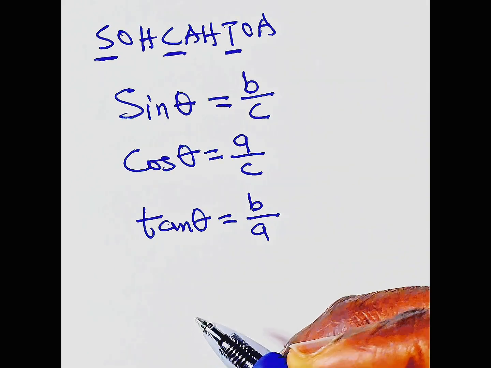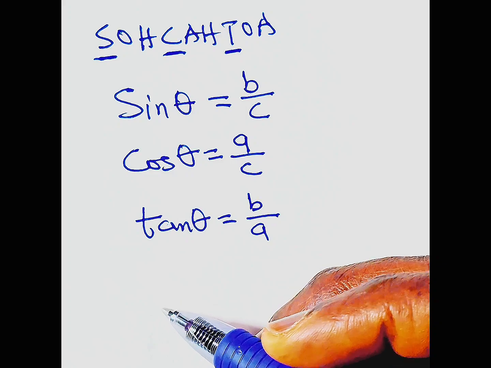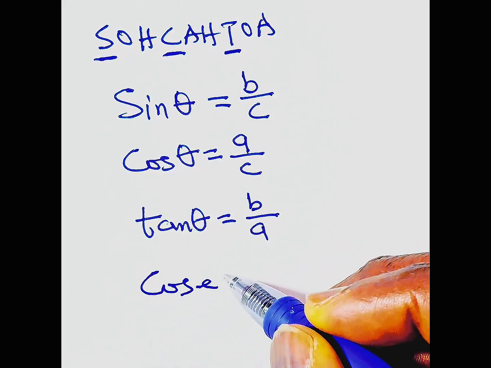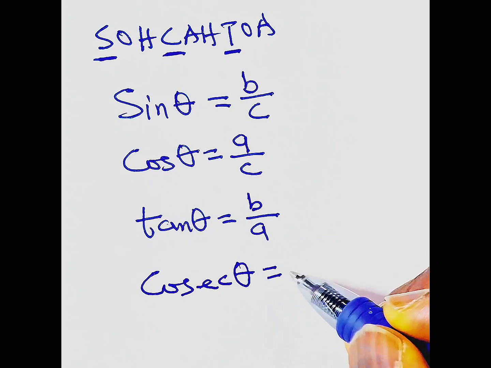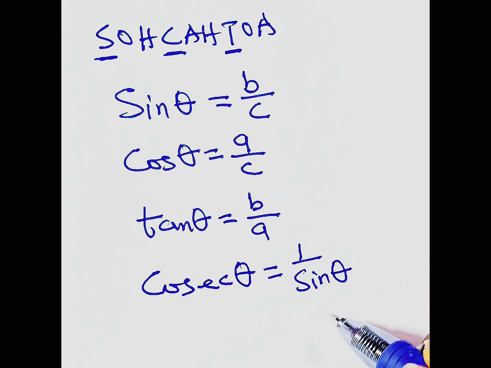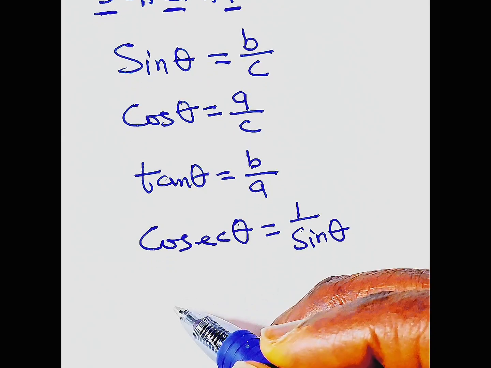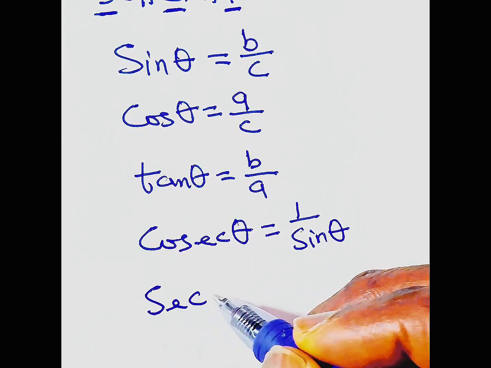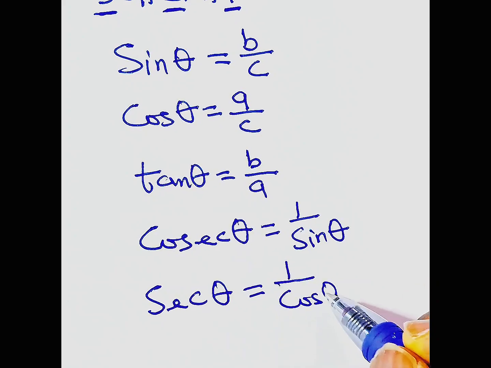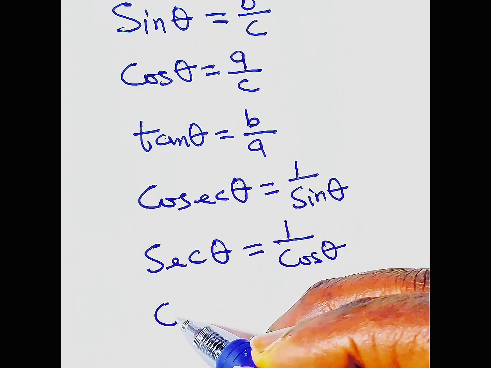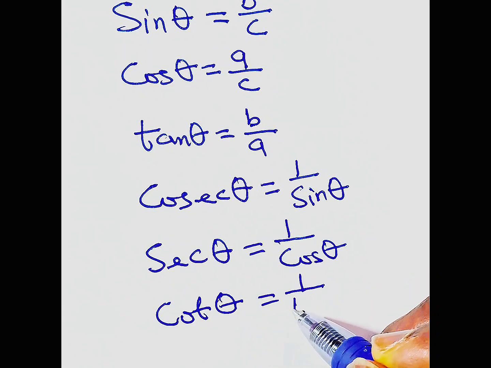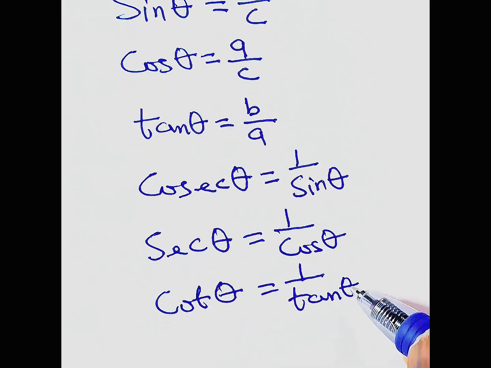In that way, we're going to look at cosec theta, and cosec theta is going to give us 1 over sine theta. Sec theta is going to be 1 over cos theta. Also, cot theta is going to be 1 over tan theta.